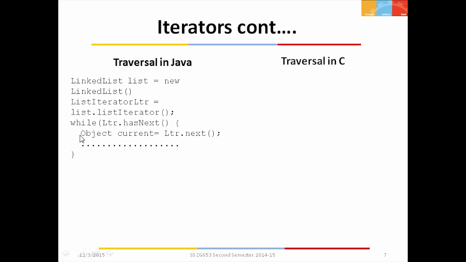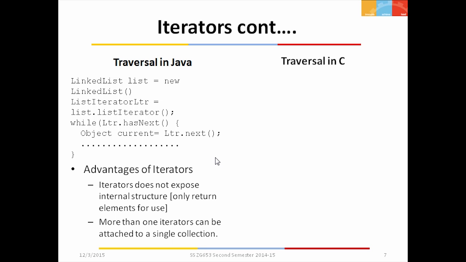So this is how the iterations will continue. This is how the iterator will work. You can observe one advantage here. The iterator does not expose the internal structure of the list. It only returns the element for use, and it guarantees that it's going to give you the next element. There could be more than one iterator created for a single collection, and they can run concurrently.